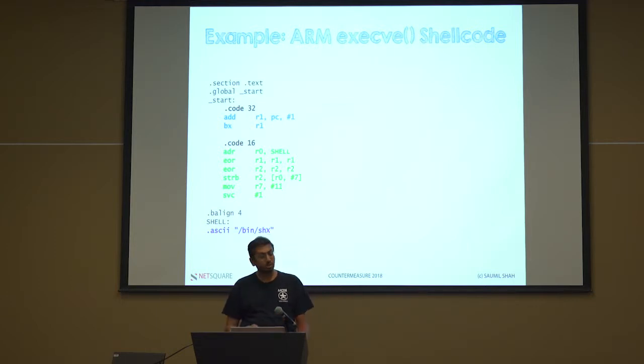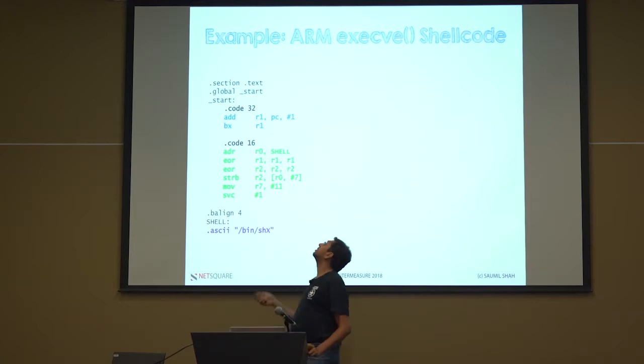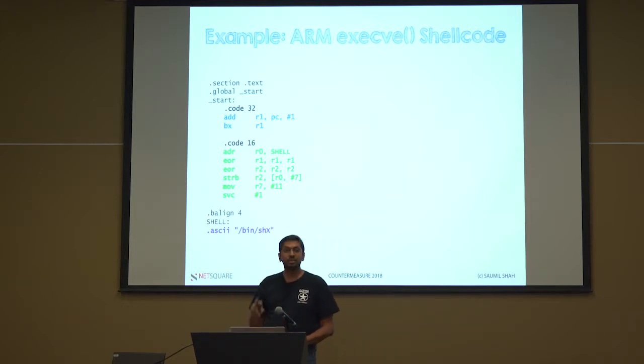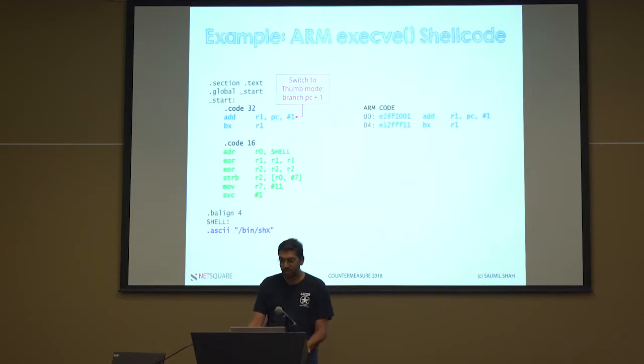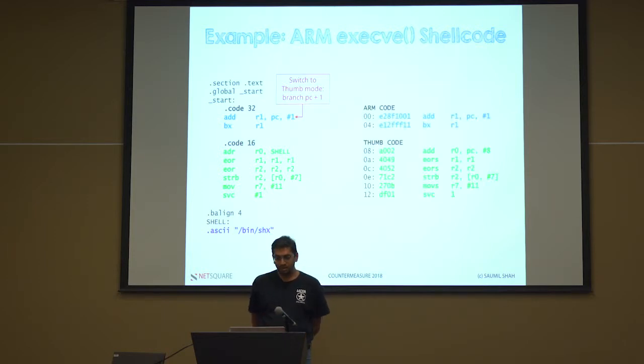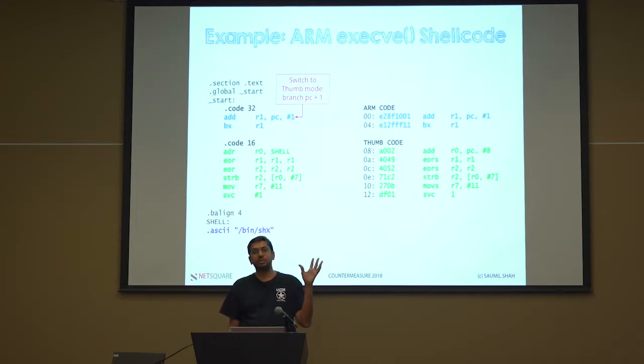So you do what's called an ARM to thumb switch. So the blue text is the ARM to thumb switch. These are 2 32-bit instructions which will immediately flip you over to thumb mode, and the green instructions are all thumb, as you can see from the disassembly, and the shellcode executes. This one is basically launching a bin shell.